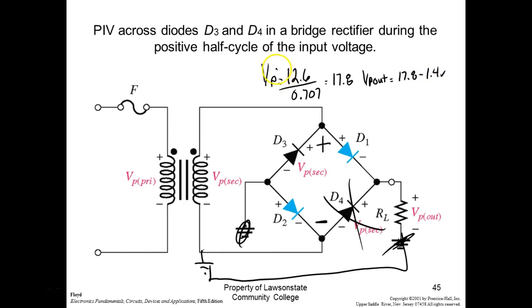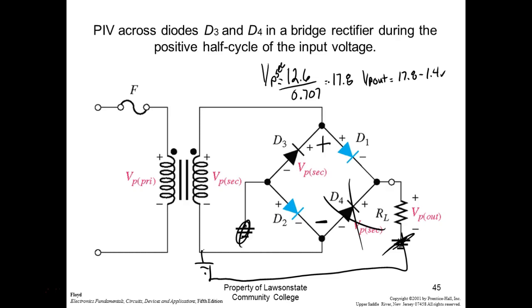In the formula we usually call this V peak secondary, because that's what you get out of the secondary. V peak out is what we get on the other side of the diodes, right? The formulas are on the formula sheet. I think V peak out half wave is V peak secondary minus 0.7 for silicon.